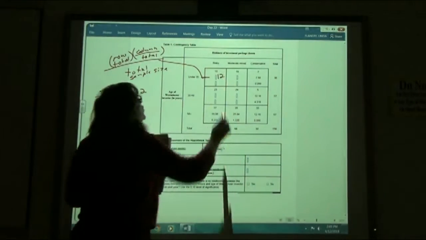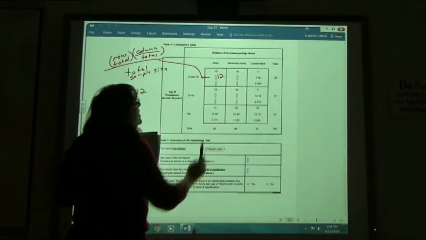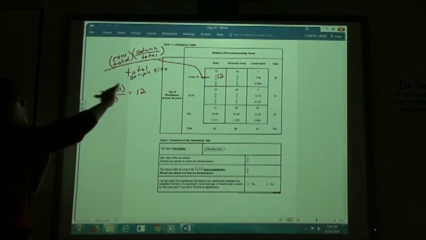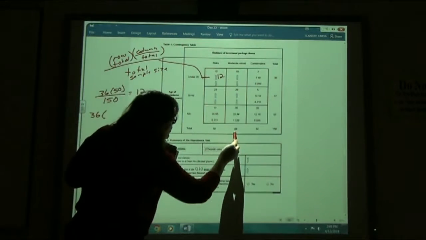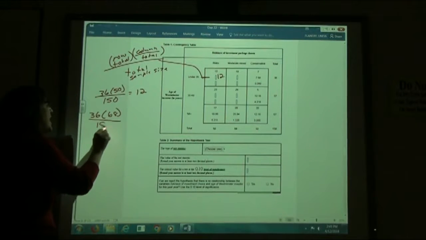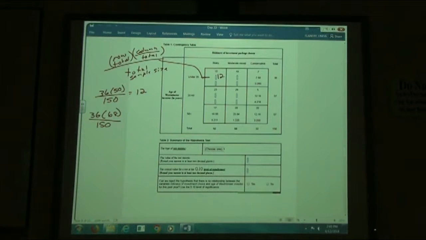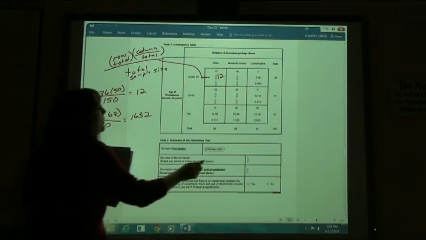So 12 goes in your top box. I'm going to go ahead and do the top box on the next one. So again, my row total is 36. My column total is 68 divided by my sample size, which is 150. So 36 times 68 divided by 150 would be 16.32.